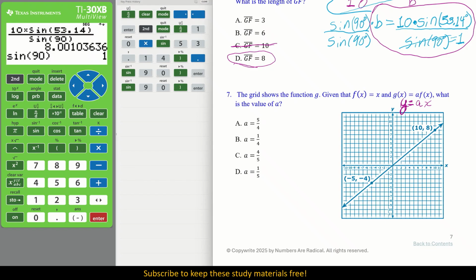So all they really want to know is what is the slope of this image. What is the slope of G? Because they're telling you G is in the picture. Well, look right here. Use this dot, or you could use this dot, but start at 0. Yeah, sure, you could go from dot to dot, but why would you?